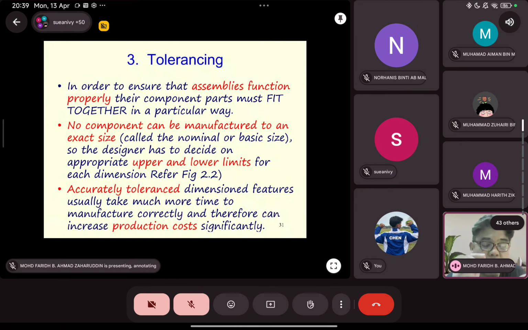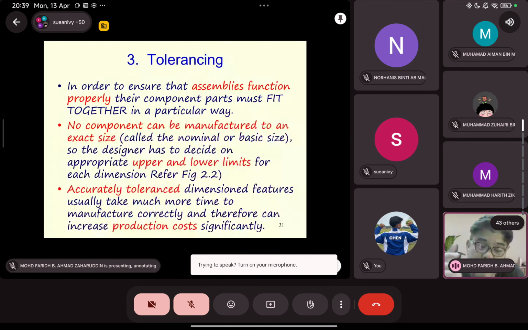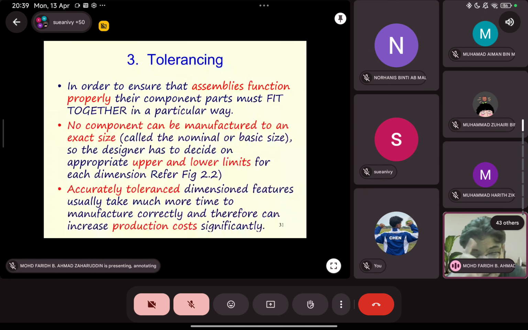Do not mention 30 point blah blah. 30.000 is still correct, but if you write 30.010, you will get it wrong. You will get 0. For this question, the answer is worth 1 mark. So you need to understand that.